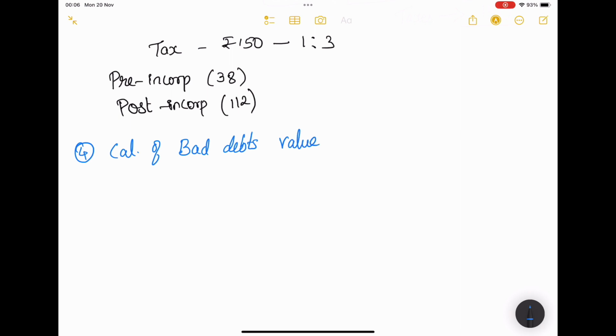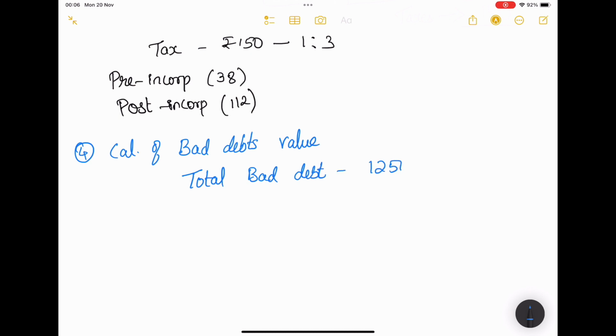Got it? So the total value I'll write here. The total value of bad debts is 1250. Okay. Just instead of writing here, I'll write here. Total bad debt is 1250.